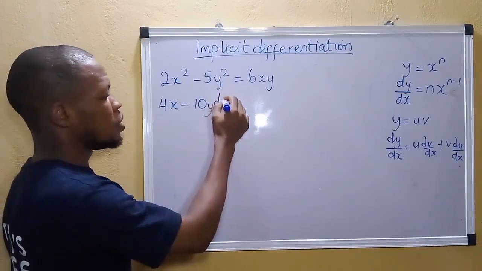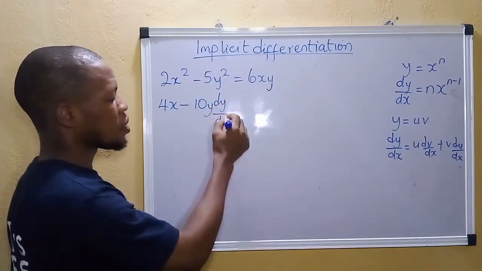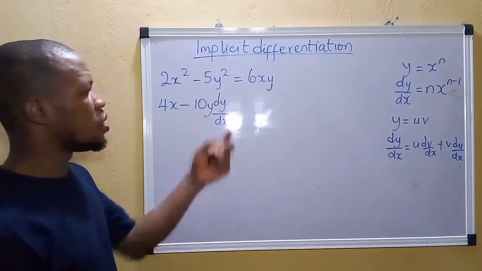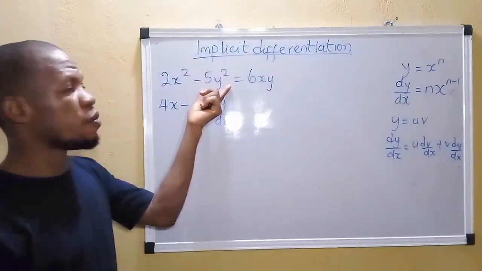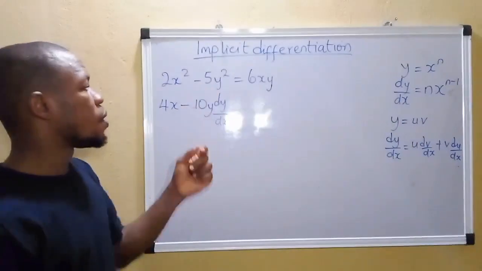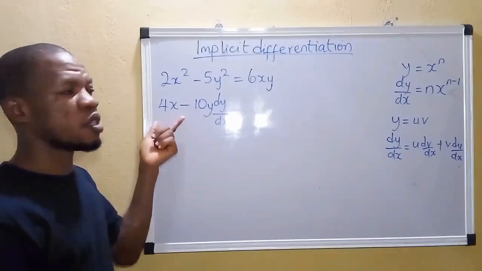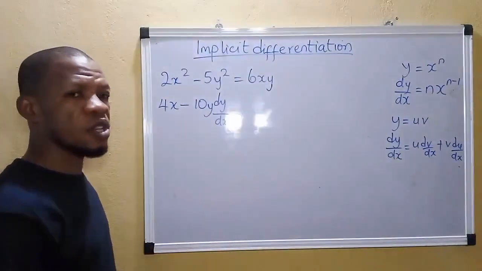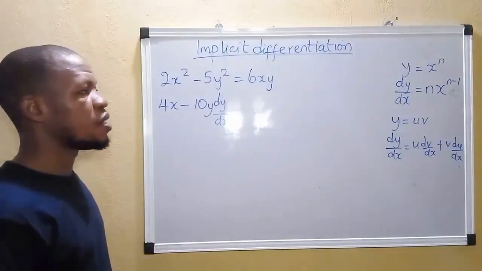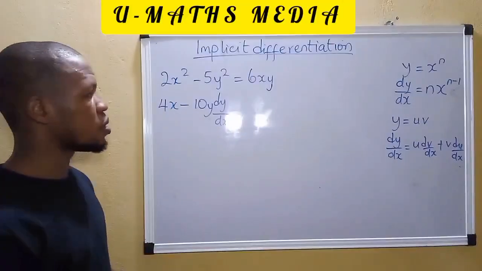Now this is dy/dx. The reason is that this term is a function of y. We didn't put dy/dx on the x term because this already is a function in x, because this differentiation is generally with respect to x.